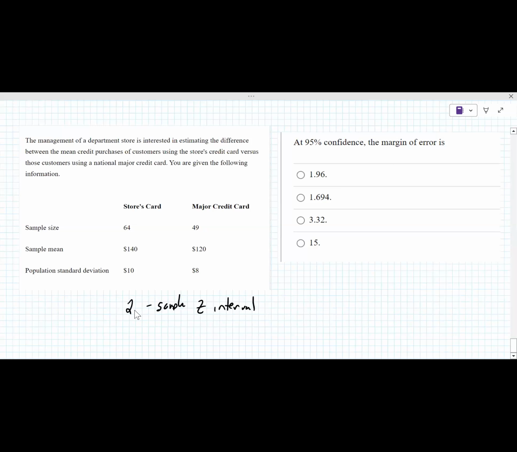Notice I pause after I say 2 sample because I got to figure out whether it's a Z or a T. So this is under stat, test, and there's going to be a 2 samp T interval, Z interval. Let's see here, stat, test, 2 samp Z interval. Looks like it's number 9. You see that? Okay, and then I think you got to choose data or stats again.